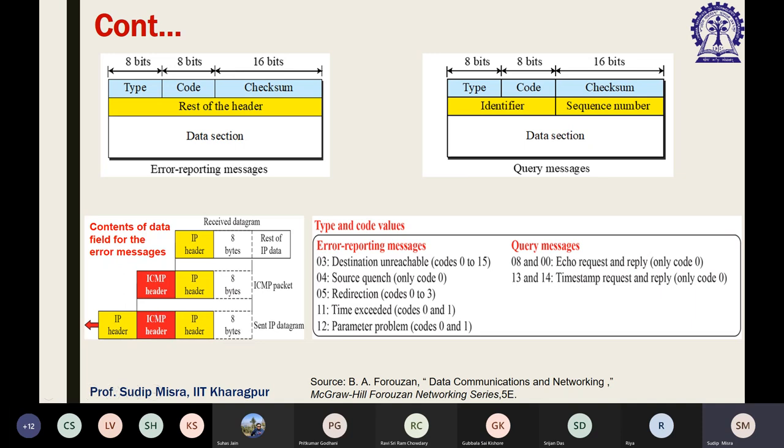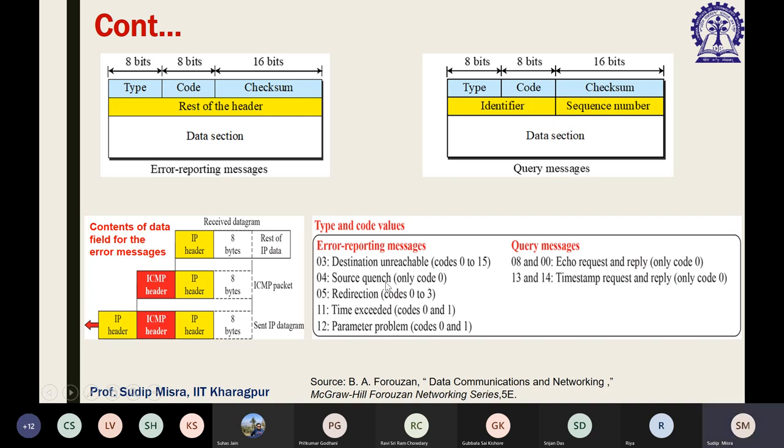So what sort of information does it carry? It carries, for example, these error reporting messages. If the destination is unreachable, then the error reporting codes that are used are 0 to 15.